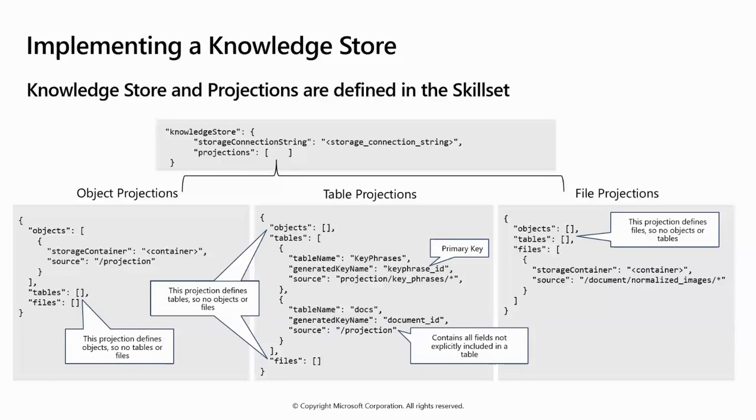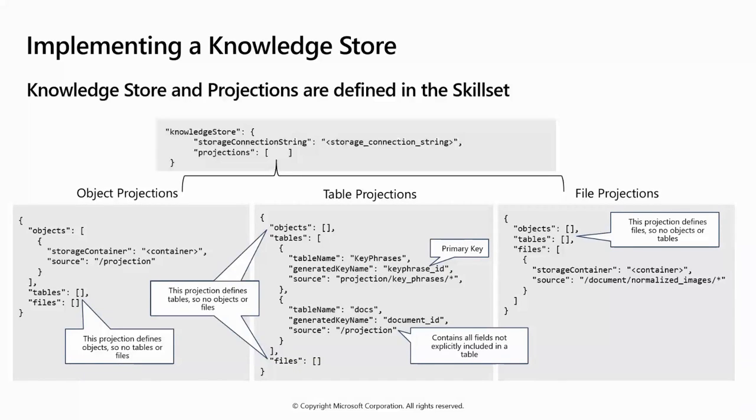This defines the Azure storage connection string for the storage account. And this is where we want to construct the projection definitions. Depending on what you wish to store, you can build object projections, table projections, and file projections.